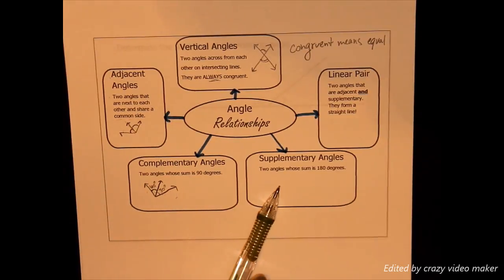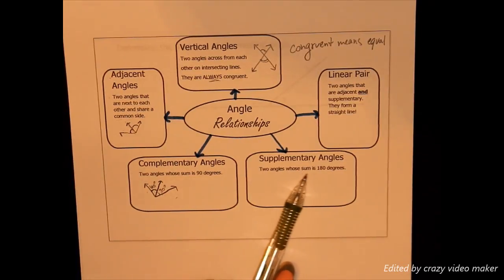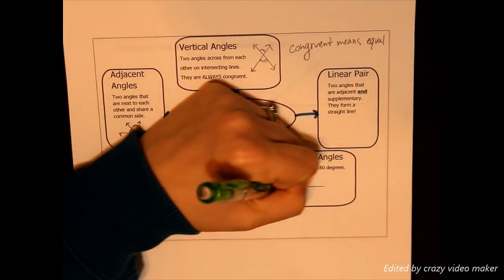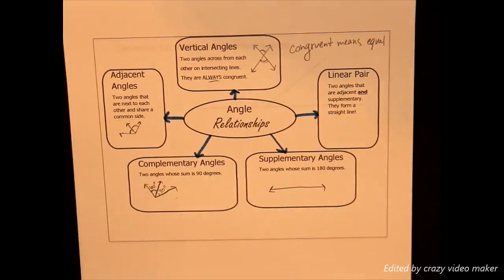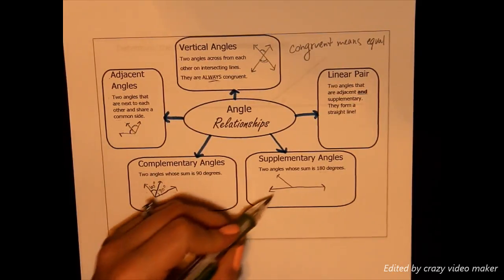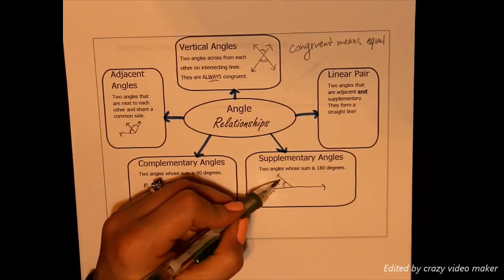Then next to complementary, we have supplementary. Supplementary are 2 angles whose sum is 180 degrees. So 180 degrees is a straight line. And let's just say we put this angle here. We can say that this first angle, just going to say that's 30.